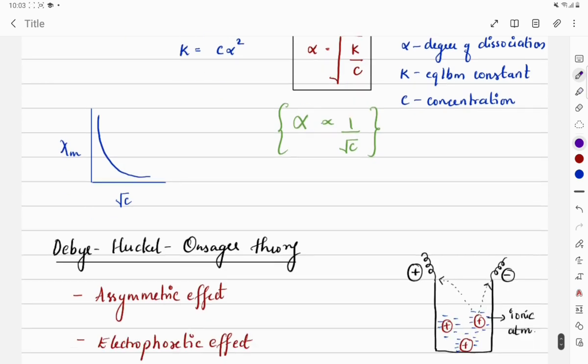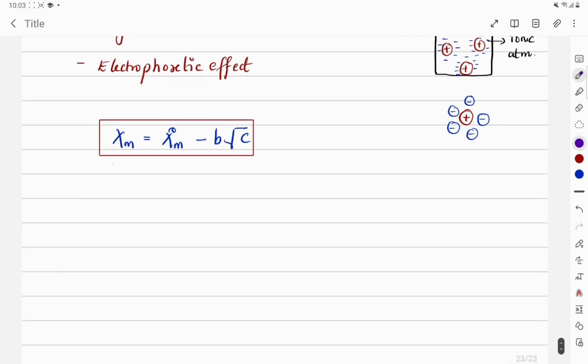So this is the lambda 0 m that I am mentioning in this equation. So we get that molar conductivity will be equal to molar conductivity at infinite dilution minus B root C. So root C is obviously concentration, you know that. Now the question is, what is B? B is called the Debye-Huckel constant.